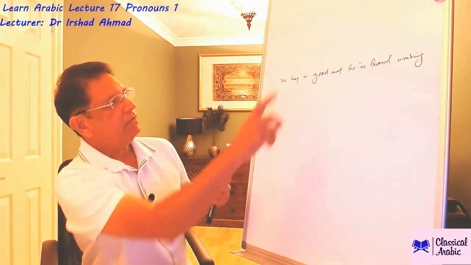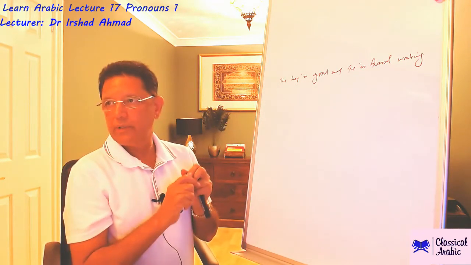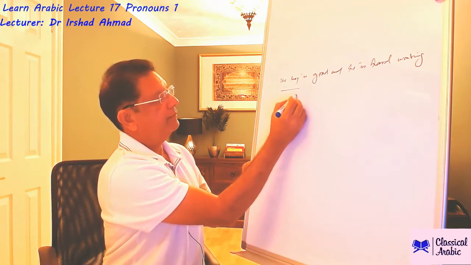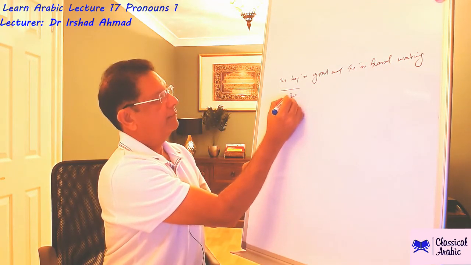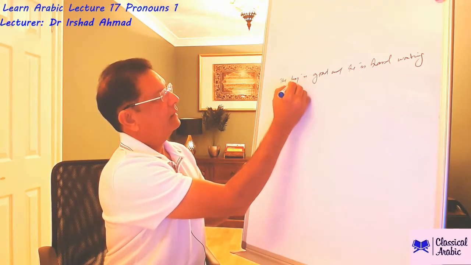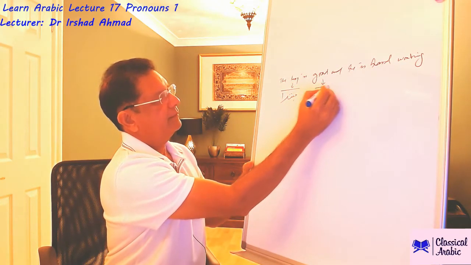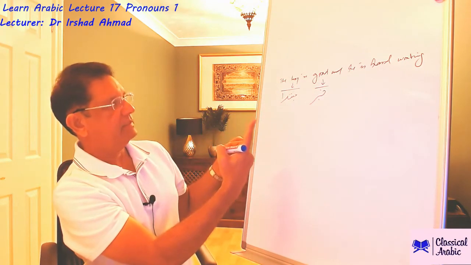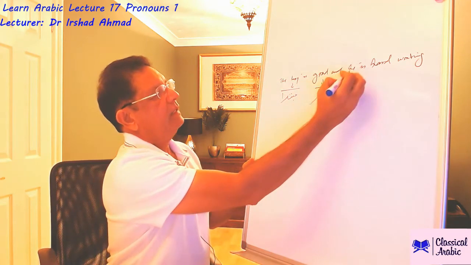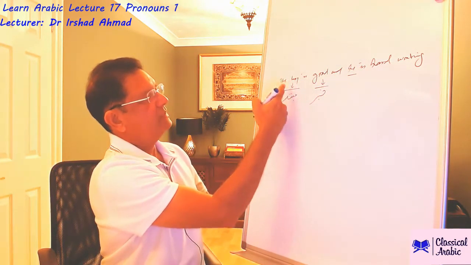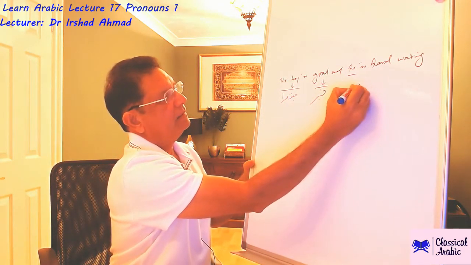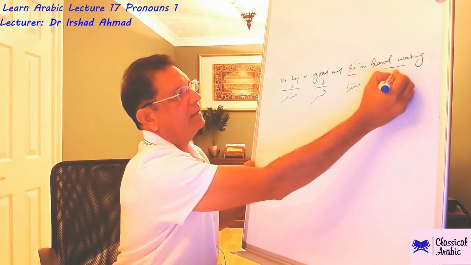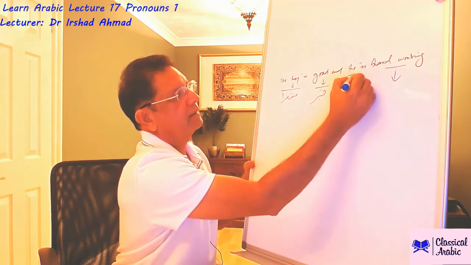So if we look at that sentence from Arabic point of view, the boy is Mubtada, good is khabar. So that's the first part of the sentence. And then he, which has replaced the boy, is the Mubtada again, and hardworking is khabar.